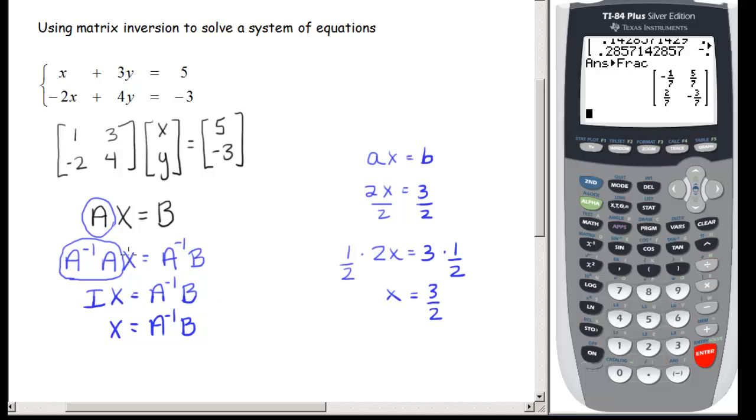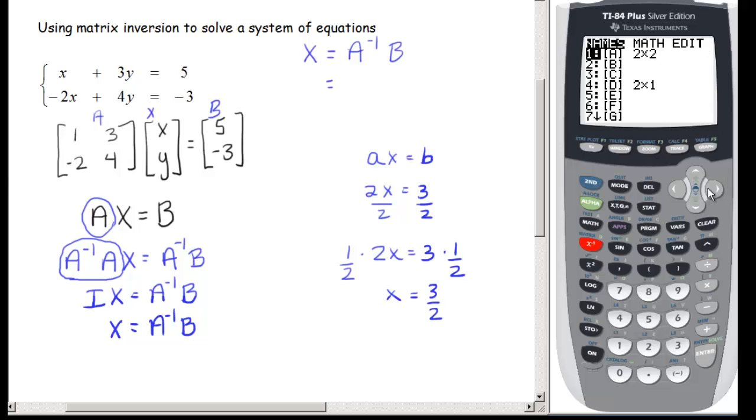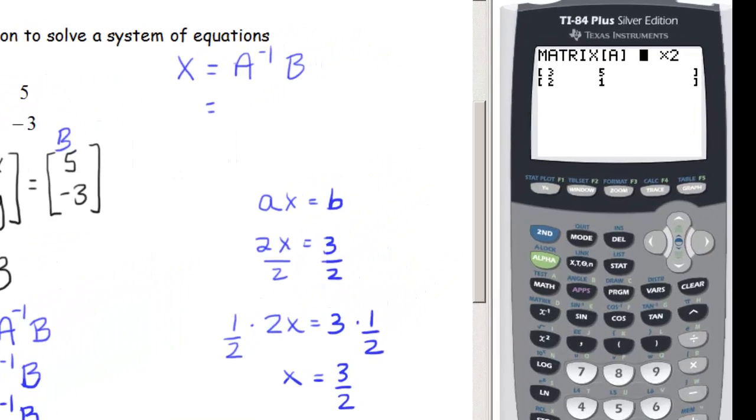So what we're going to do is take this idea here and use it to solve this system of equations. So this here is my A, that's my x, and that's my b. So to solve for x, what I need to do is A inverse times b. So I'm going to go ahead and just do this on my calculator. I'm going to put in my matrix A, in my matrix menu. I'm going to choose A to edit, and it's a 2 by 2 matrix.